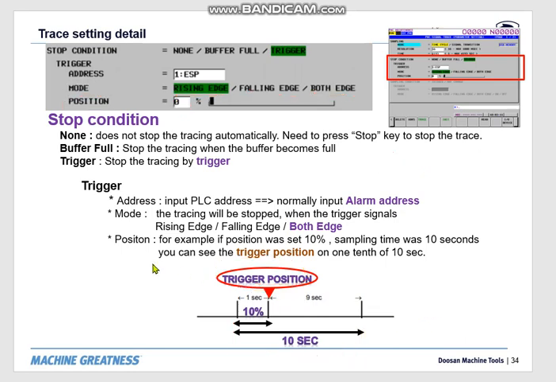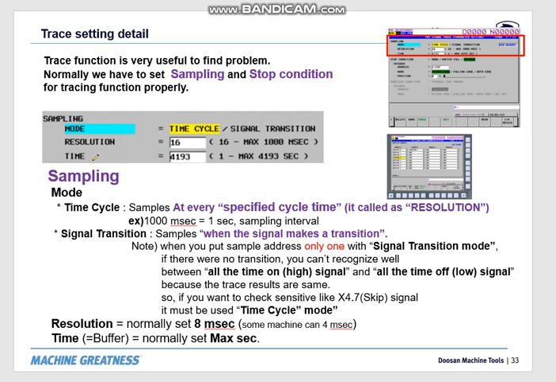So for example, if the position was set to 10%, the sampling time was just 10 seconds, set before the screen time set here.